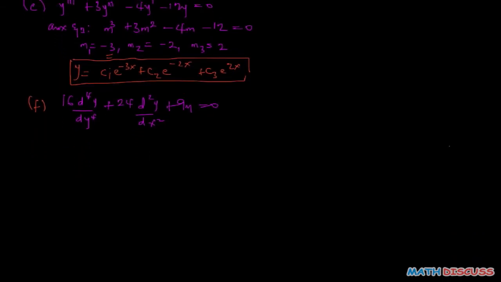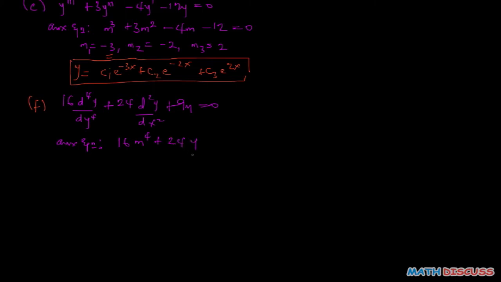In trying to solve this, it's the same procedure, as it's a homogeneous linear differential equation. The first step you take is to form the auxiliary equation. So we said this is going to be 16 times y to the power 4, so we replace it with m to the power 4, then plus 24.